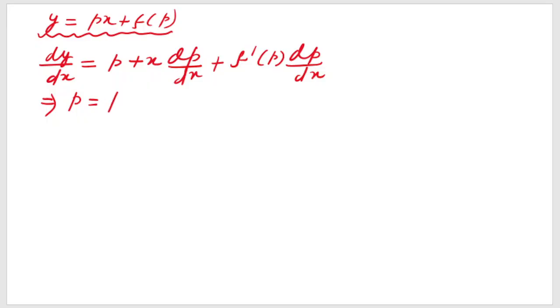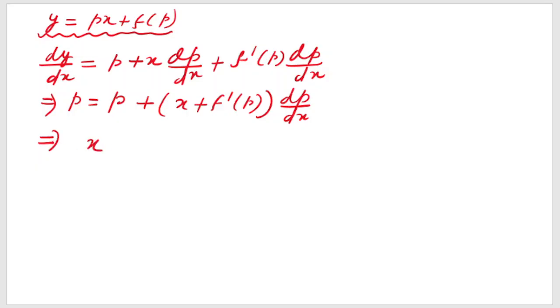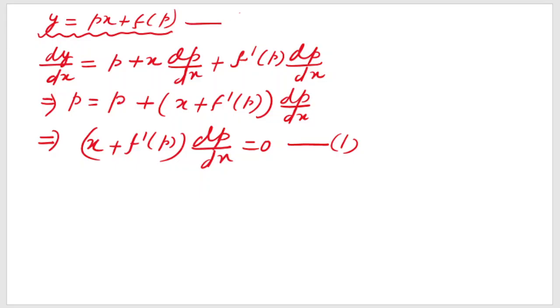So I have p is equal to p plus, and from the last 2 terms I can take dp by dx common. So what we got after this, we got x plus f dash p, dp by dx is equal to 0, and this is a very important equation. Let me call the original equation number 1, and let me call this equation number 2.